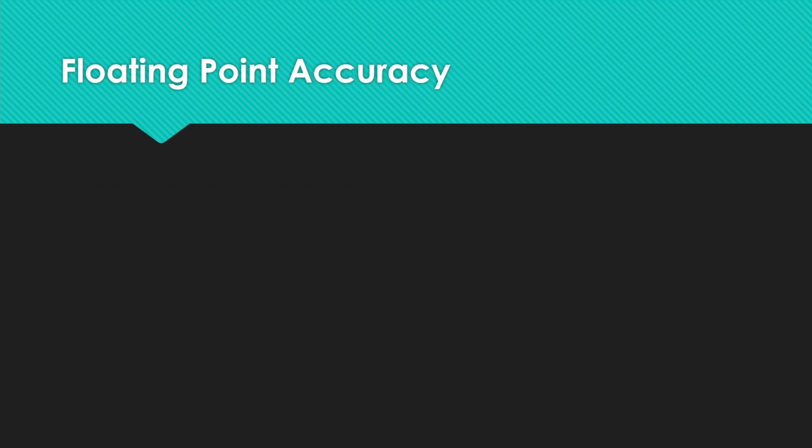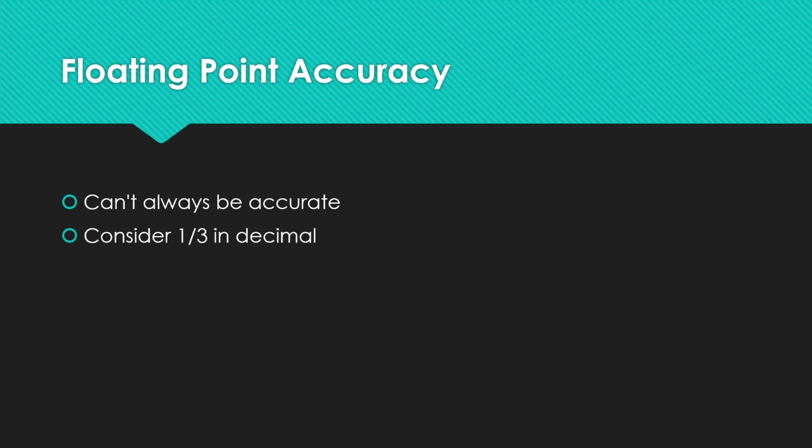Now, when we think about floating point numbers, one of the things we always have to be aware of is their accuracy. They simply cannot always be accurate. You're actually probably familiar with this concept. So if we think about 1/3 in decimal, 1 divided by 3, 0.3333333333333, etc., never ending.